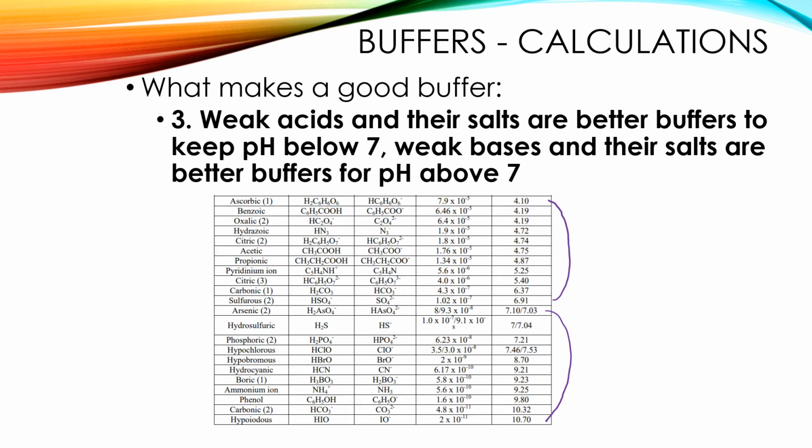Even though these are written in terms of Ka and pKa, once we flip here, we notice that the Kb is going to end up being bigger, and that's what creates a basic pKa, which again, pH equals pKa when the concentrations are equal. So these would give me basic pHs, while these up here would give me acidic pHs.